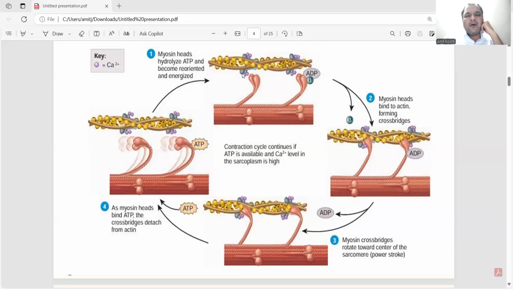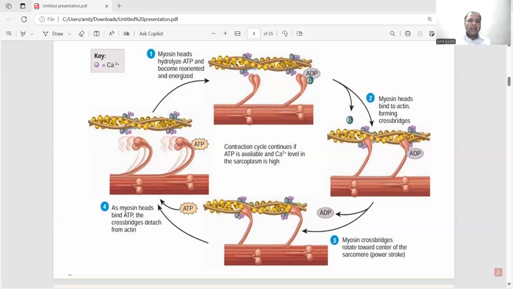Now, attached with the calcium ion, it gets detached, or you can say disoriented from its place. As the troponin gets disoriented, the tropomyosin also gets disoriented, and that leads to the actin molecule's myosin binding site getting exposed. The brown dotted structure on this yellow molecule is the myosin binding site.